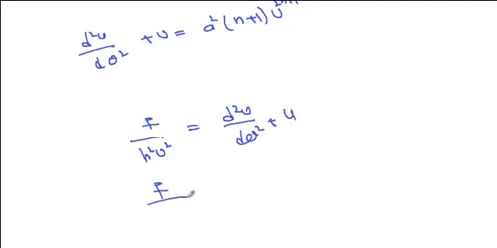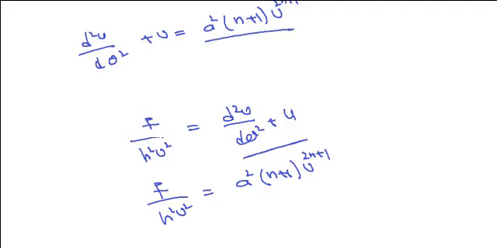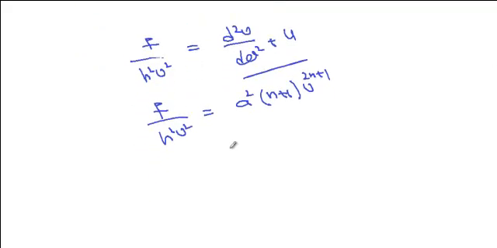So this will become F over h²u² = A²(n+1) u^(2n+1). So this whole term's value is present here, so we wrote it. Now here F is equal to A²(n+1) u^(2n+3), and this is h².